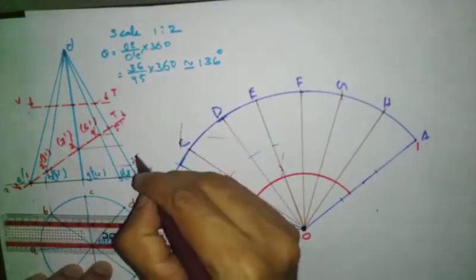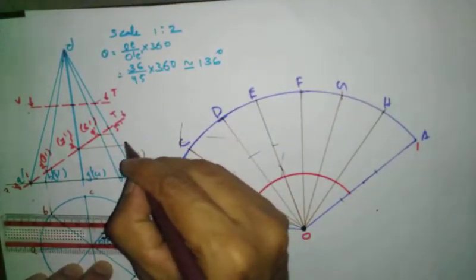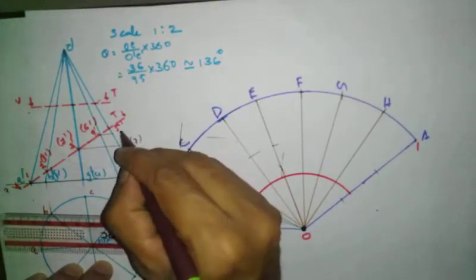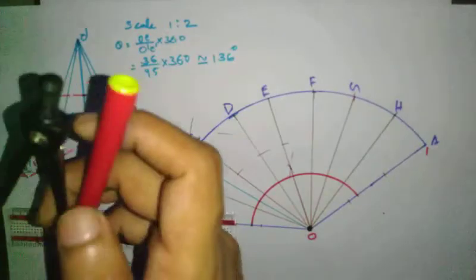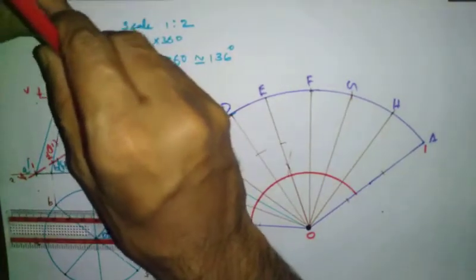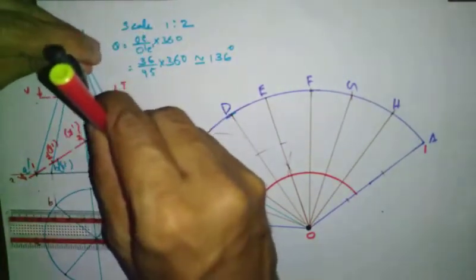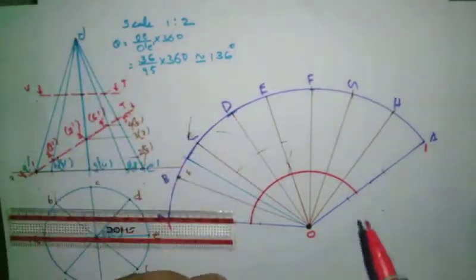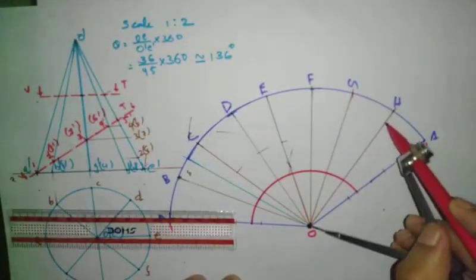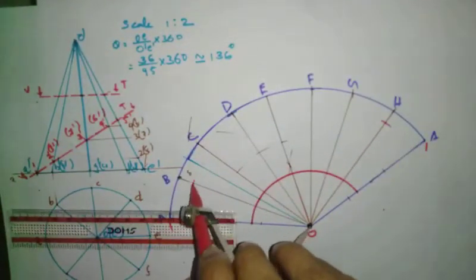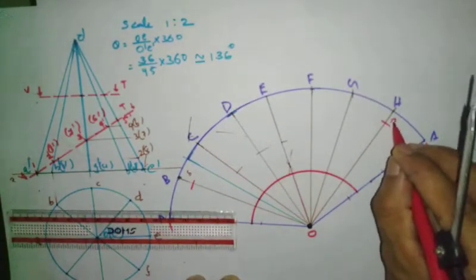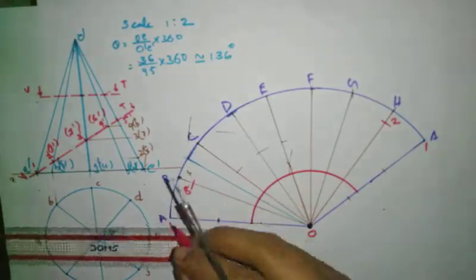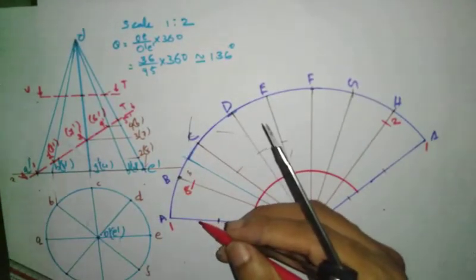Here it is 2, 8, 3, 7, 4, 6. So now take the distances from O to 2 and 8. Then 5. Mark here, this will be 2. Say this is 8.